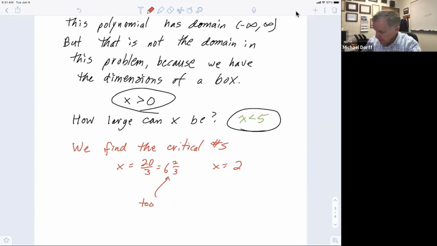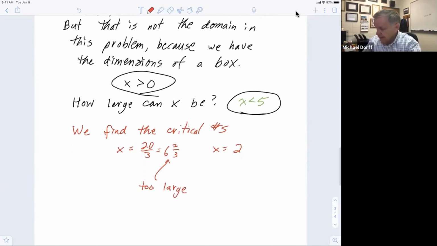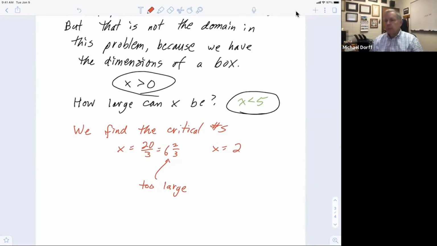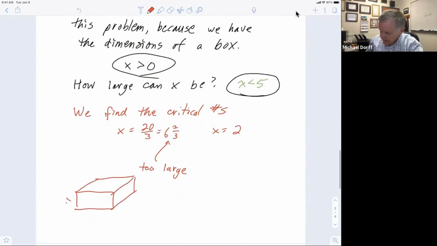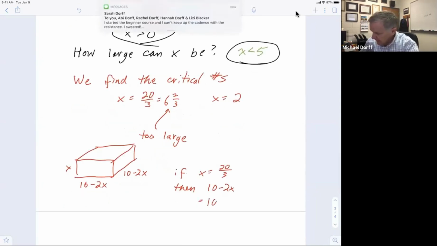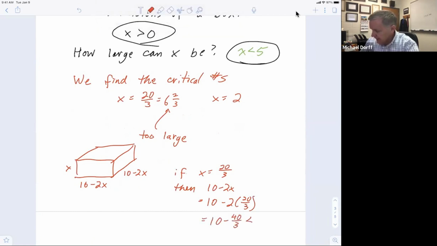Oops, that's too large. Because if x were that number, then the width of our box would be a negative number. Remember, we had this box here, this was x, and this was 16 minus 2x, and this was 10 minus 2x. If x is 20 over 3, then 10 minus 2x equals 10 minus 2 times 20 over 3, which is 10 minus 40 over 3, a negative number.